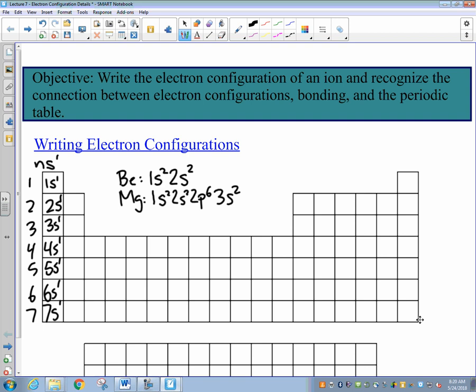And I think you can probably predict where this is headed. Down to the next one, calcium. Calcium would be 1s2, 2s2, 2p6, 3s2, 3p6, and 4s2 to bring us up to our total of 20 electrons.